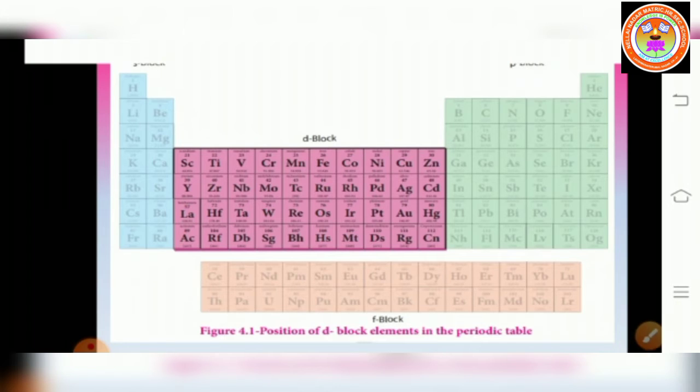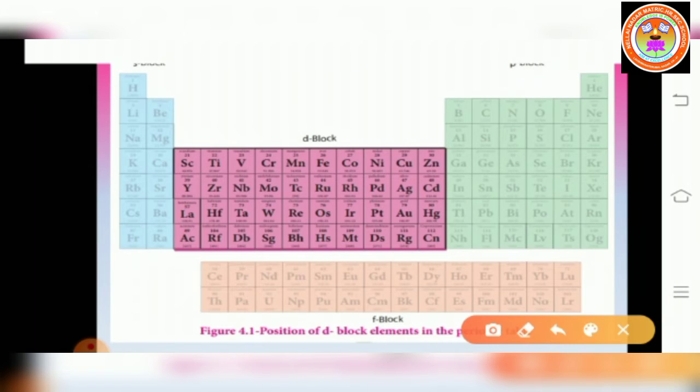First, let us see what S block elements are. S block elements include group 1, that is alkali metals, and group 2, that is alkaline earth metals. They are also called representative elements. Representative means main group elements.